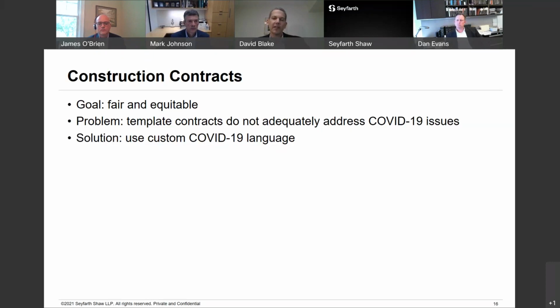It's maybe 6 subsections, no more than half a page, 3/4 of a page, and it places in one area all of the language and rights and responsibilities about COVID-19, which I found is much better than trying to perform microsurgery throughout your construction contract, where you're bouncing back and forth from section to section, adding a phrase here or a phrase there. Next slide, please.